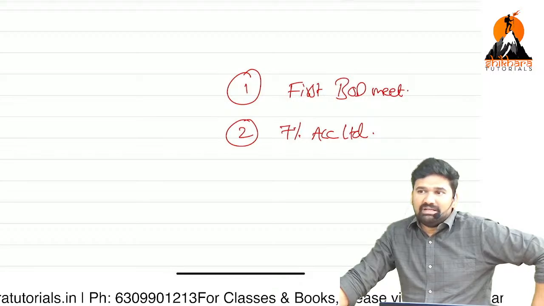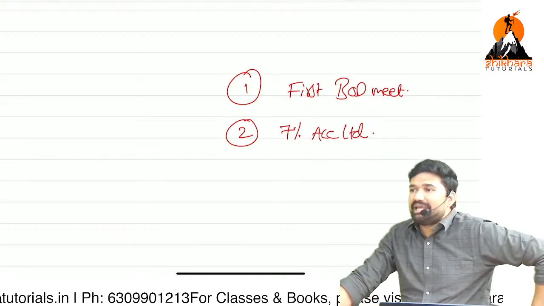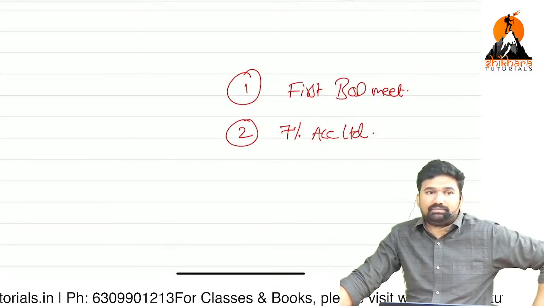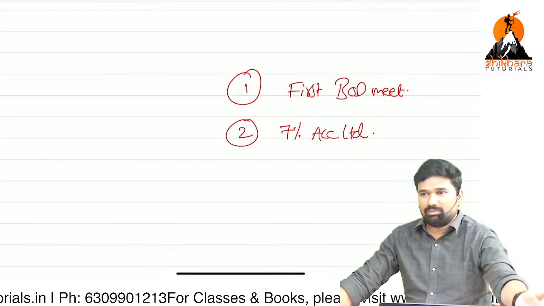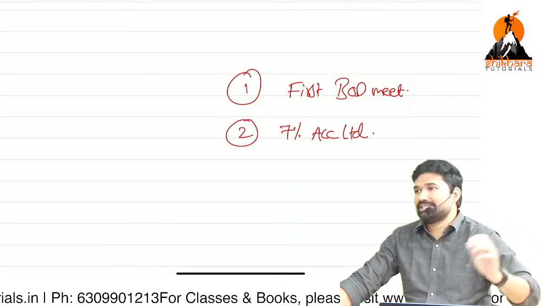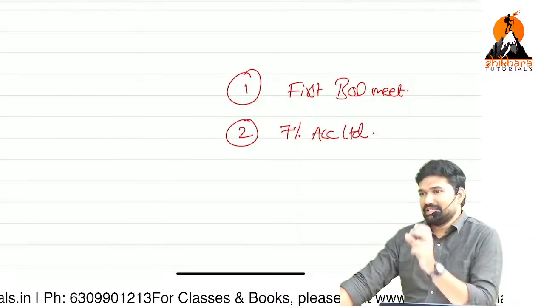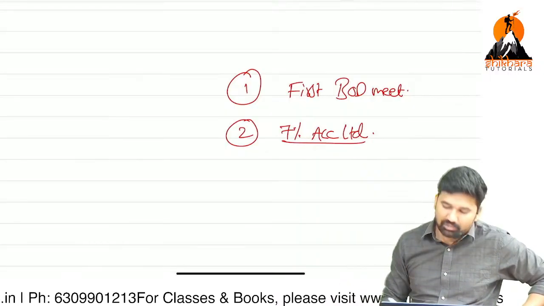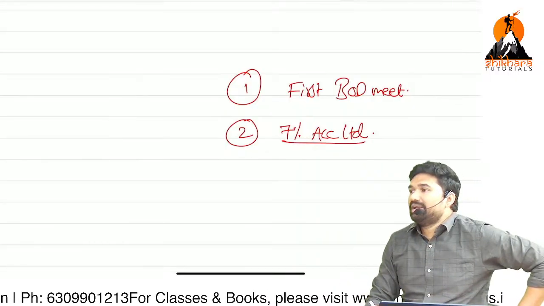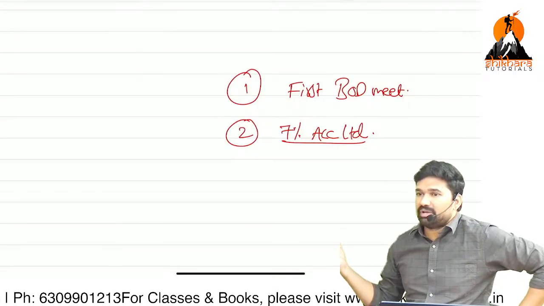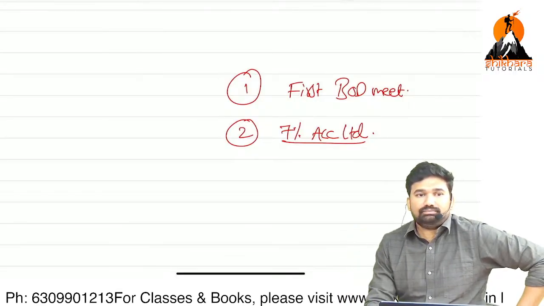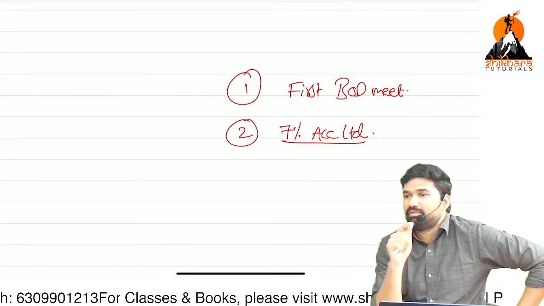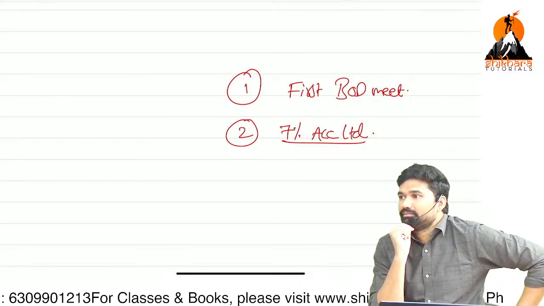After appointment, I have increased my stake from 7% to 9%. That means recently I bought some more shares in ACC Limited. So there is a change in my ownership, right? So now also I have to intimate the company with respect to the change in my ownership. If there is any change in the particulars of the interest, then also I have to intimate the company.